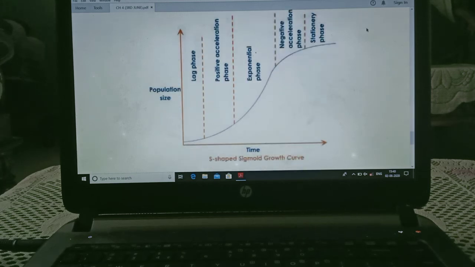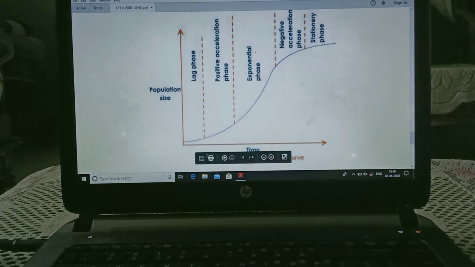Now as you can see on the screen, this is S-shaped growth curve which is known as sigmoid growth curve also. Now it is plotted against time and population size. This is lag phase. Population starts from 0 and slowly it is increasing.